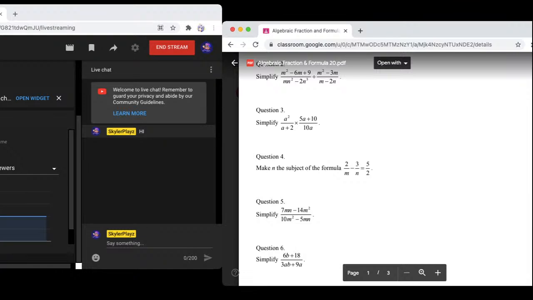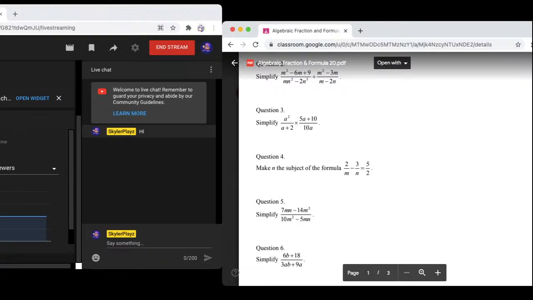Seems that you need n as the subject, so negative 3 over n is equal to 5 over 2 minus 2 over m, and then we do the fraction subtraction. 5m over 2m minus 4 over 2m, and then negative 3 over n is equal to 5m minus 4 divided by 2m.